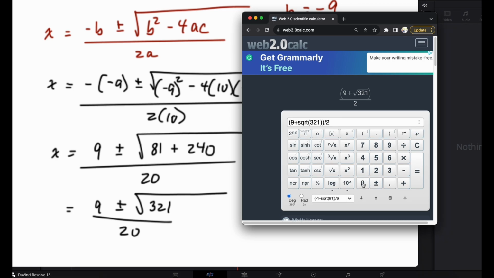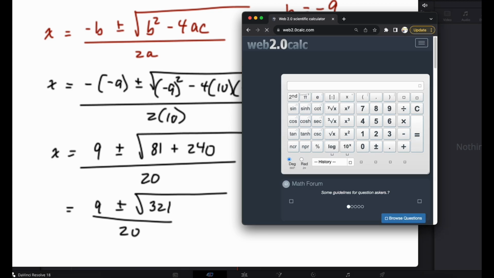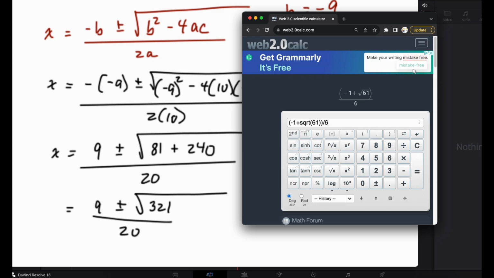Okay, just checking here in the preview. I like it. Equals. Oh, darn. Okay. Internet connectivity got me working a little harder than I want to right now. It's all right. Okay, 9 plus square root of 321 divided by 20. There we go.